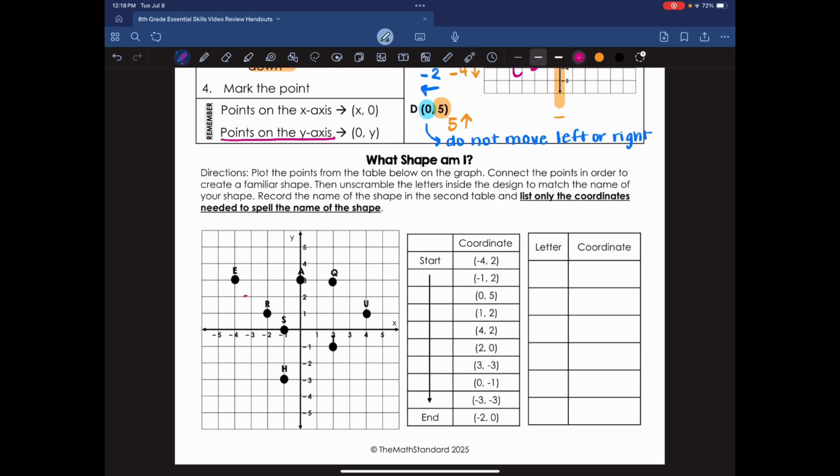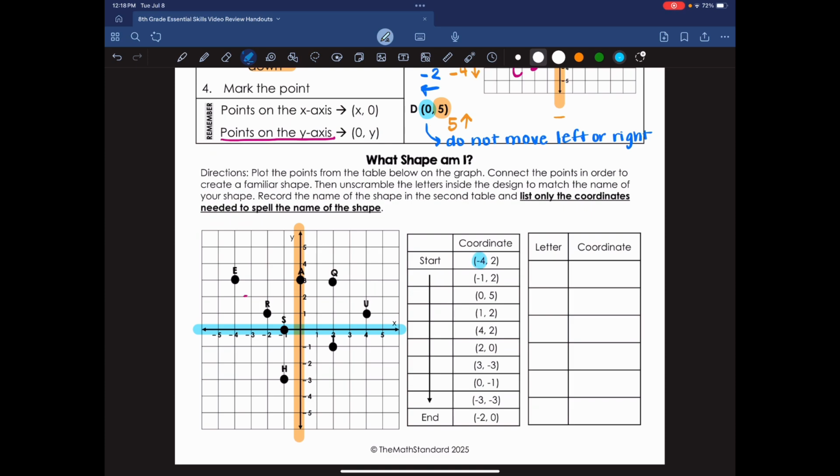Let's take a look at what you're actually doing now. So we're going to start by plotting this point, -4, 2. So let's go through and set it up the same. Build yourself some tools, or use your tools to help you. So we've got our x-axis, our y-axis, and now we're going to go in and color our points.